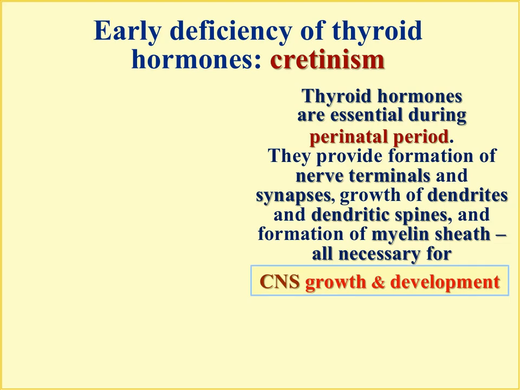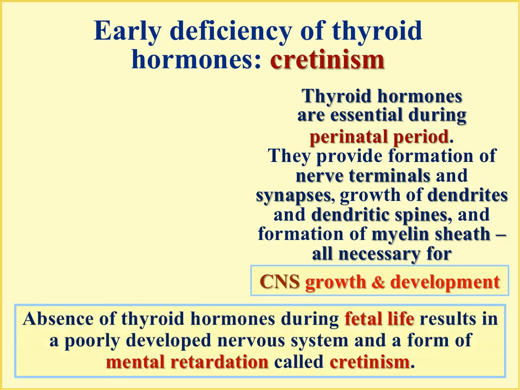And only with these processes the central nervous system may grow and develop, and the brain may establish new and new layers, establish numerous connections between neurons, so that neural network is formed. And network exactly is what brain is doing for its functioning. So absence of thyroid hormones during all this period results in a poorly developed nervous system, and mental retardation, called cretinism, remains forever, and mentally they will never become normal.